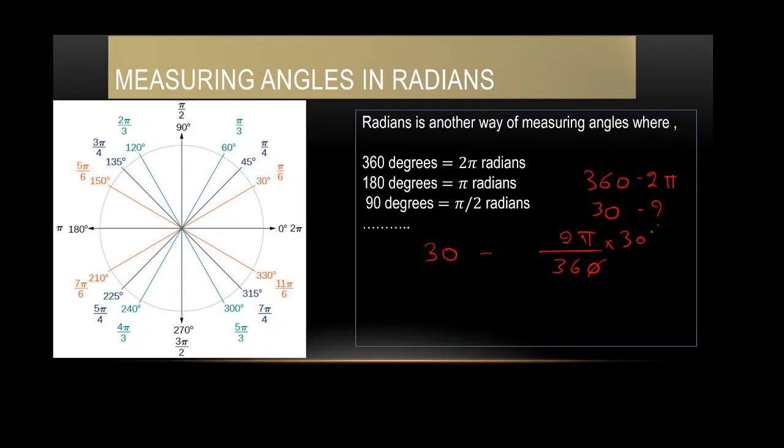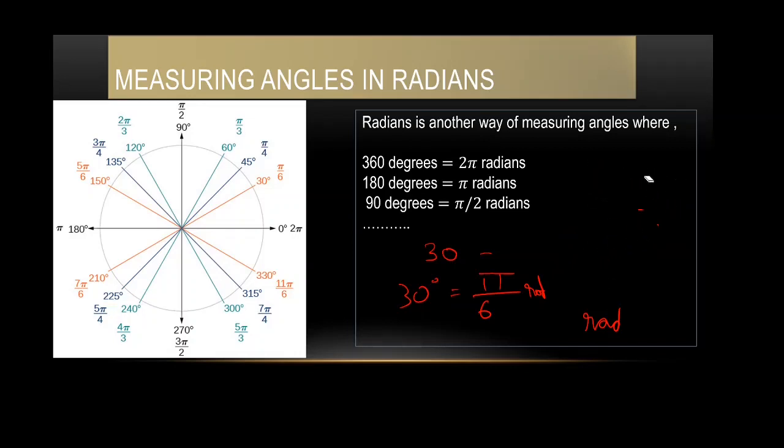So the zeros cancel, this becomes 1, this becomes 12, and 2 gets cancelled, and this becomes 6. So 30 degrees is equal to pi by 6 radians. Radians is written as RAD for short form. So like that you can find the angles in degrees and radians.